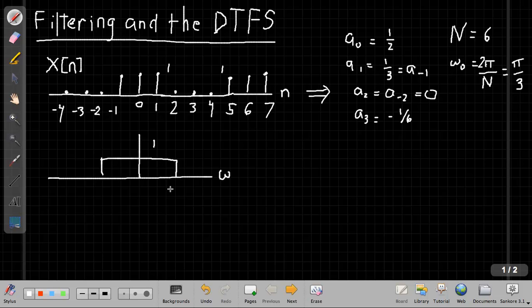This is my omega axis. And for my low-pass filter, I'm going to put the cutoff frequency at pi over 2, and then over here on the negative frequency axis at minus pi over 2. If I space it out proportionally, this is pi and this is minus pi.